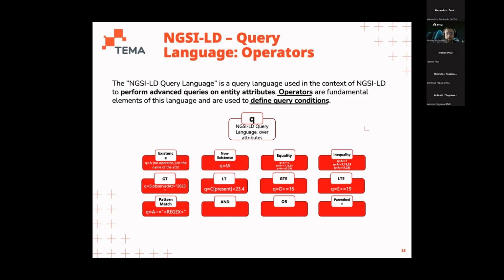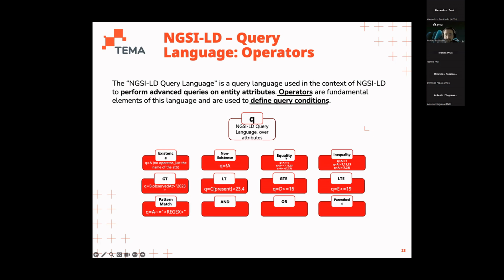This is an example of query language. As I said before, this is very, very powerful because we can use different operators here. For example, in this case, we check the existence of an attribute. We ask the NGSI-LD context broker to return the entities that have this attribute in the JSON. In this case, the entities that don't have this attribute in the JSON.